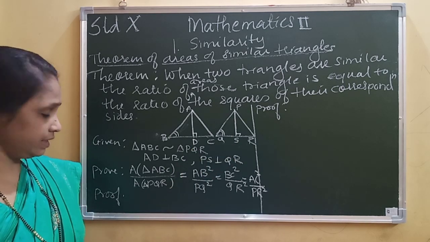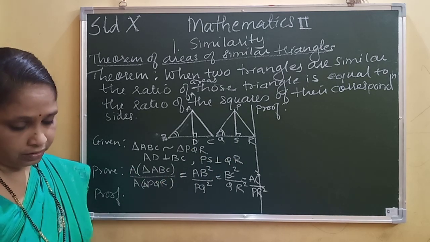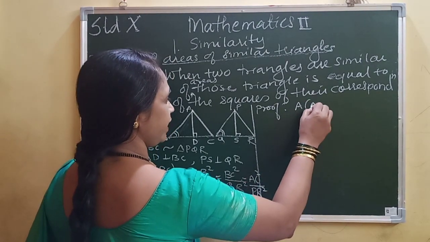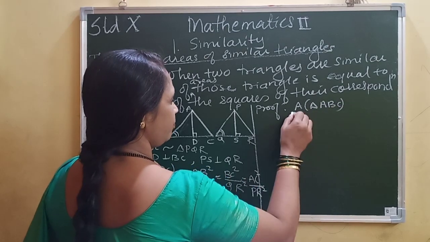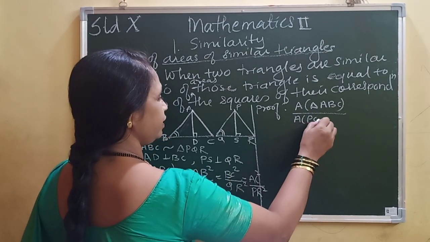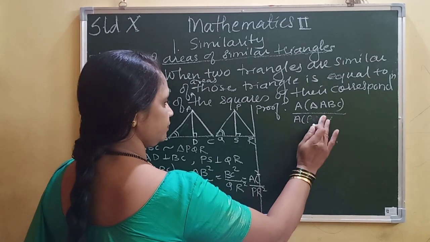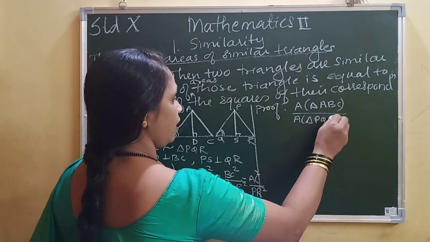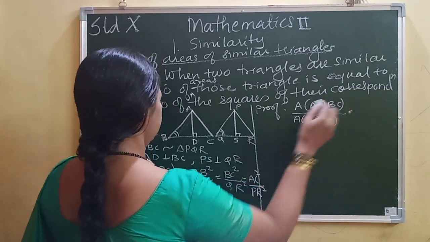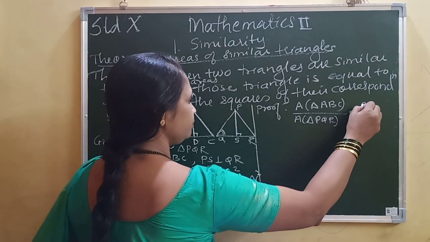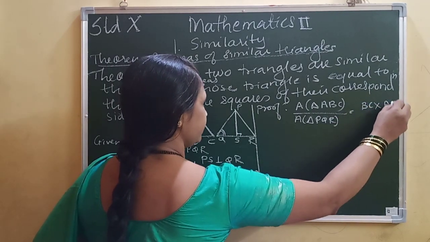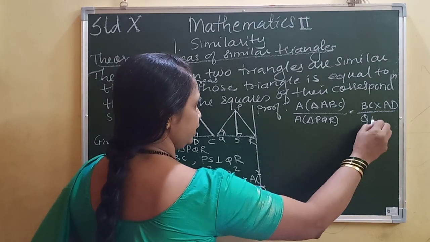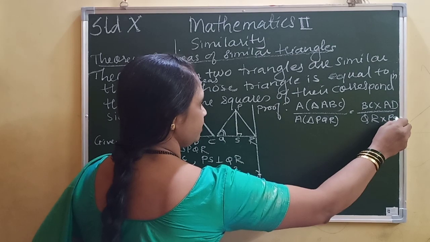Both halves will get cancelled when we take the ratio. So area of triangle ABC upon area of triangle PQR will be equal to BC into AD upon QR into PS.